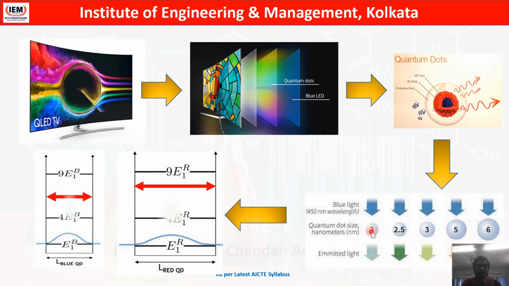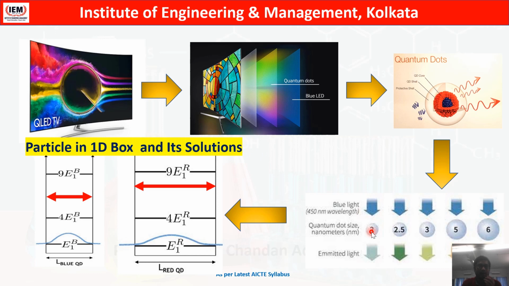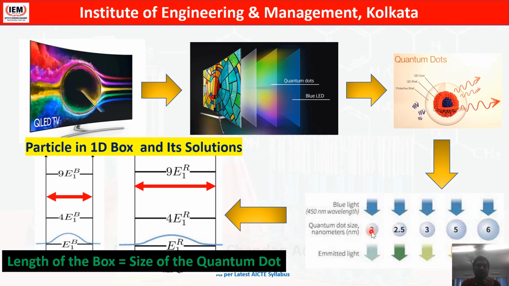For example, one of the theories that we will discuss in this course is called the particle in a box theory, or particle in a box model. The particle in a box model and its solutions are one such example which has found real life applications.